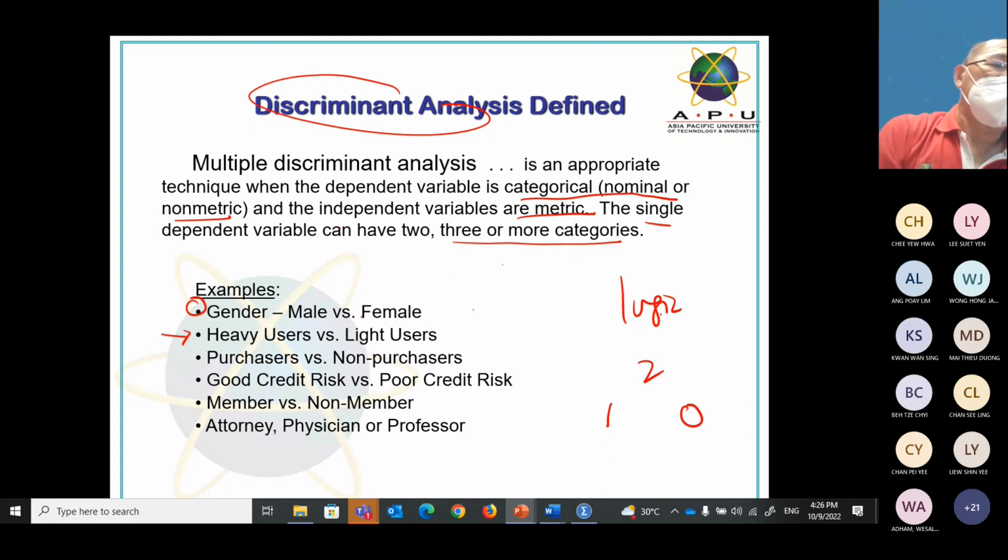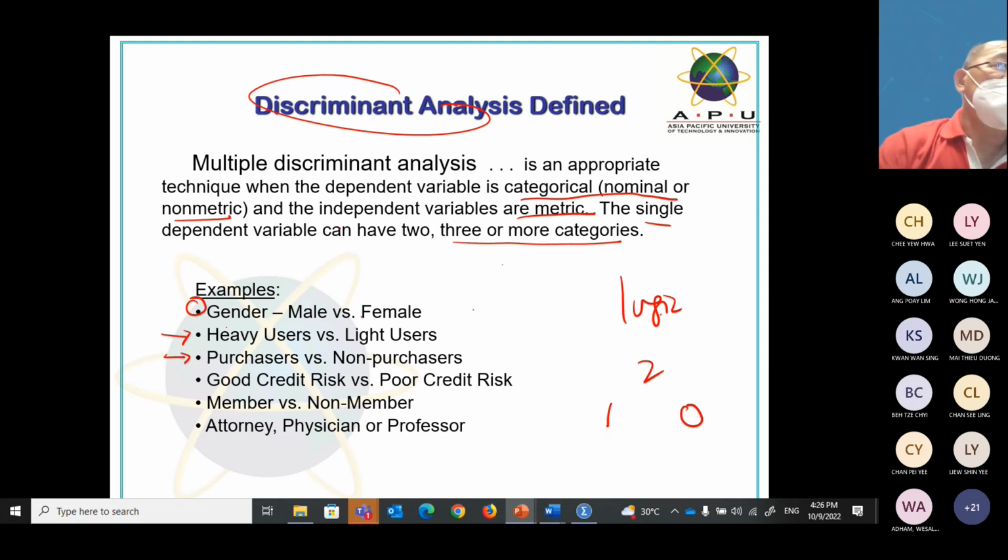So you may want to predict who will be the heavy user. The dependent is this, but the independent must be numbers, maybe the family size, maybe income, and so on. Purchaser or non-purchaser, you also want to know.